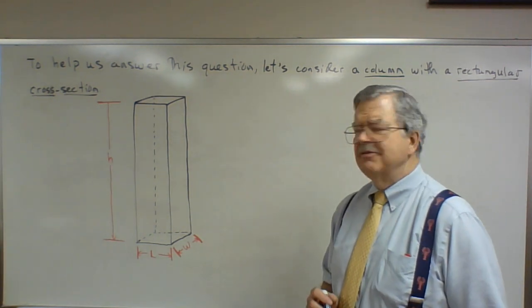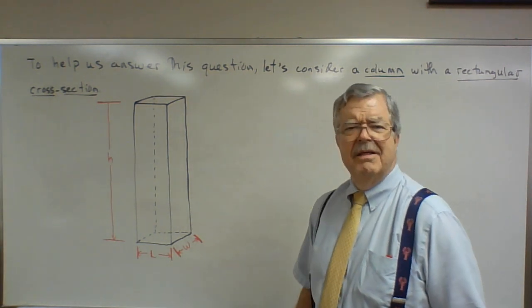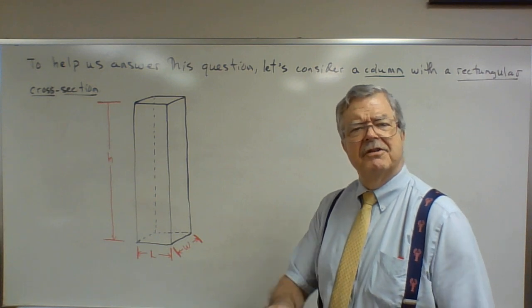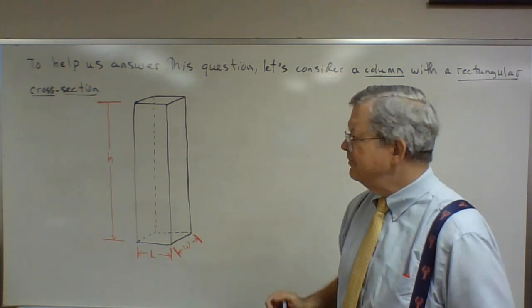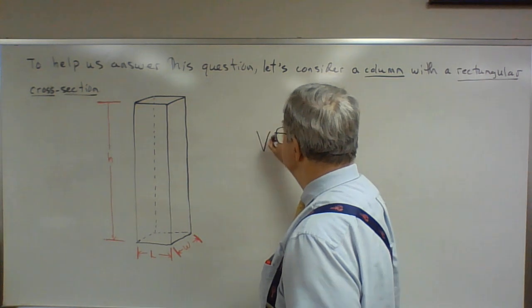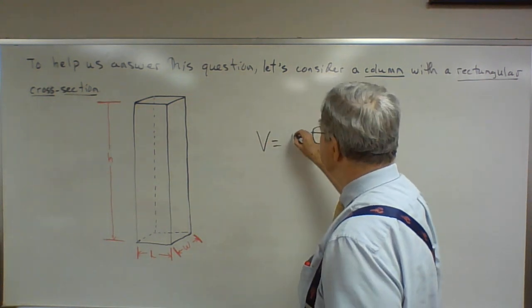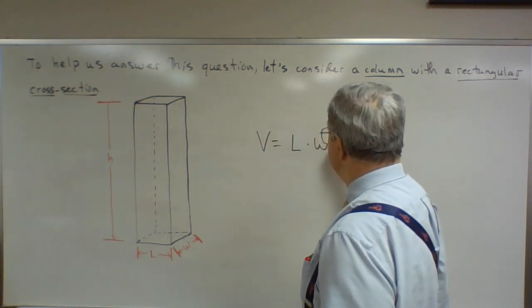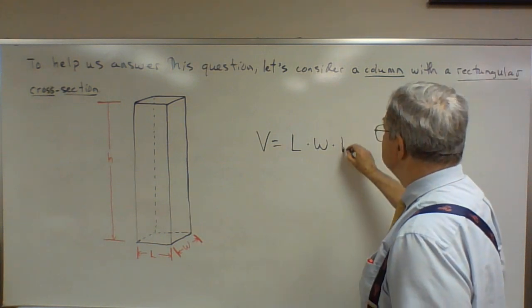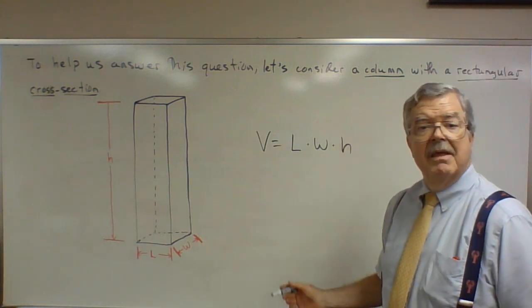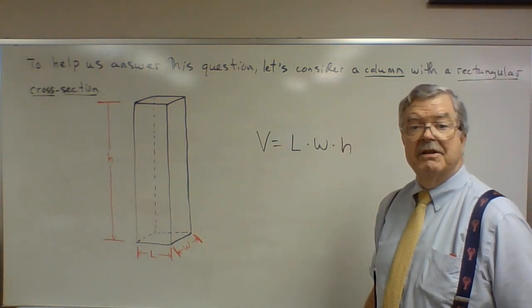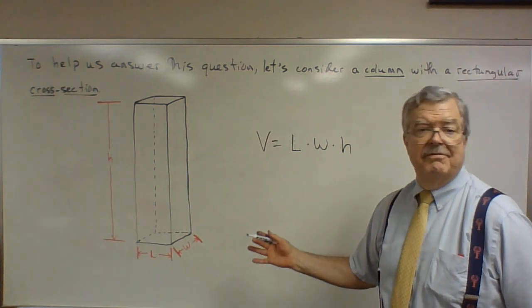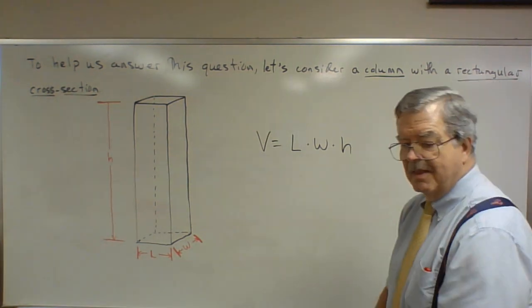Well, you look at it and you say, that's nothing more than a box that's been stretched out vertically. The volume is going to be the length times the width times the height. And we're exactly right. That's how we compute the volume of a box.